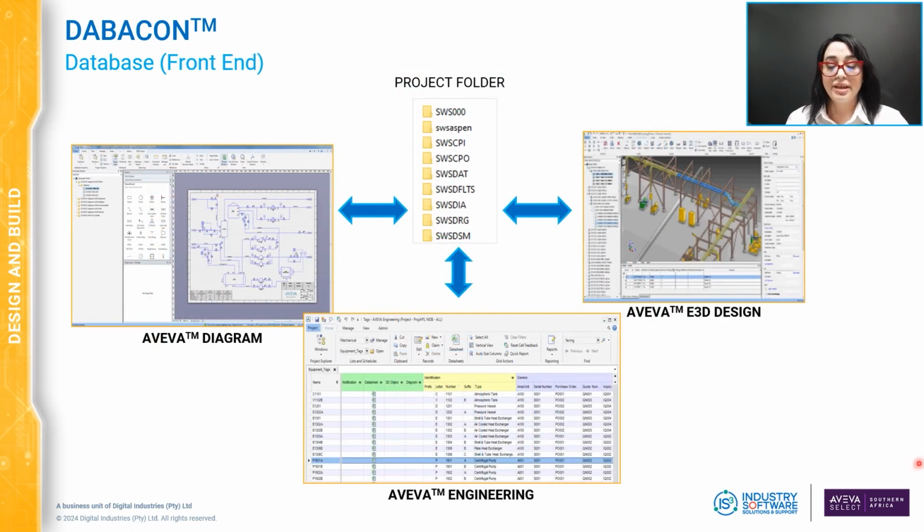This is what the front end looks like. So while you're busy working and the data is being captured in the project folder, here is your AVEVA diagram interface, your engineering interface, and your E3D design interface. And as you can see, the information is flowing concurrently, bidirectionally between all three of them.